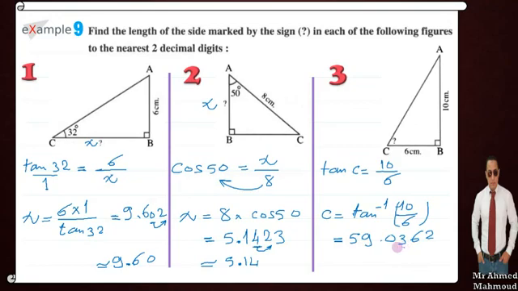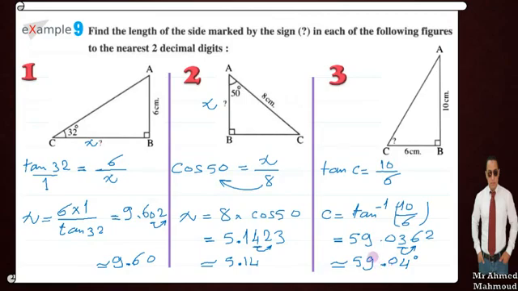To the nearest two decimal places, look to the third one. 6 is strong, so we add 1 to the 3, giving 59.04. Here he asked for the nearest two decimals, so he needs it in decimal, not in degrees, minutes, seconds.